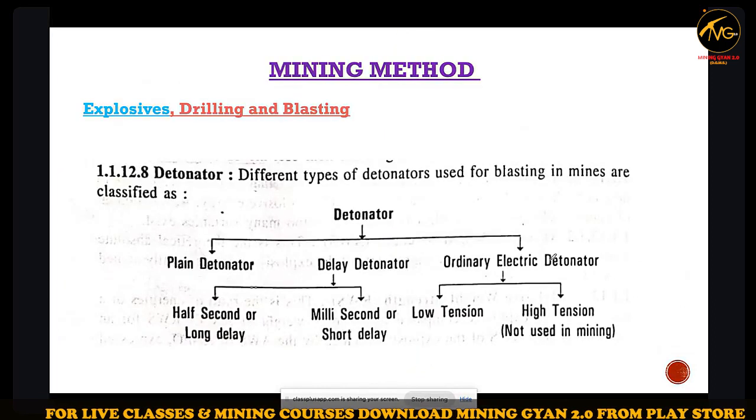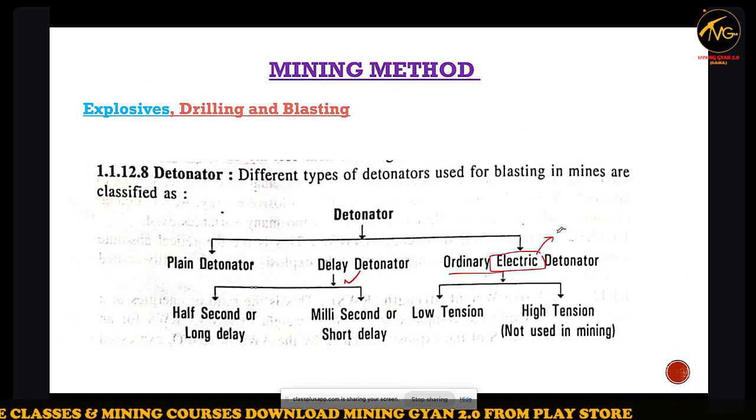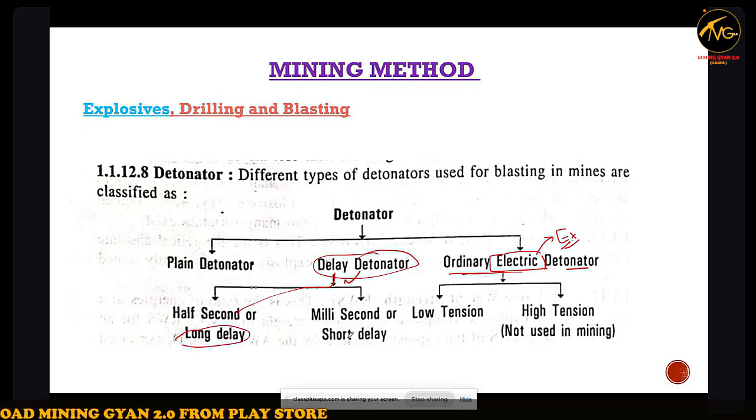So yesterday we have also discussed detonator. Detonator is three type: plain detonator, delay detonator, and ordinary electric detonator. Yesterday I was saying electrical, which was wrong. It is electric. Delay detonator is also two types: half second long delay and short delay.